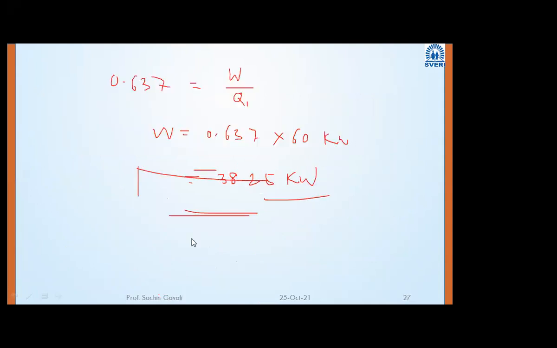And engine efficiency 0.637 is equal to W divided by Q1, so W is equal to 0.637 into 60, which is 38.25.